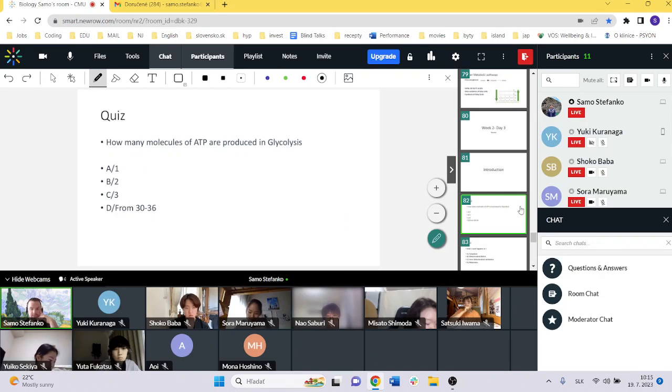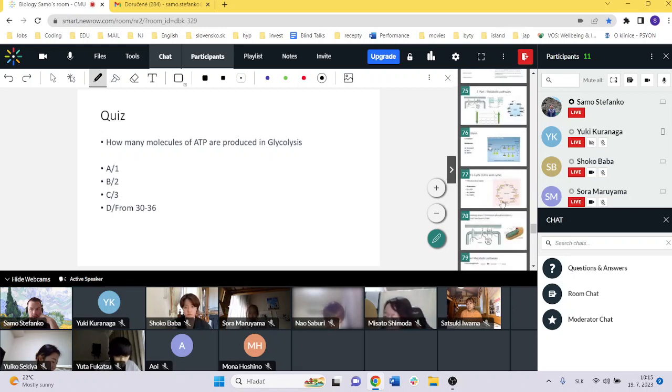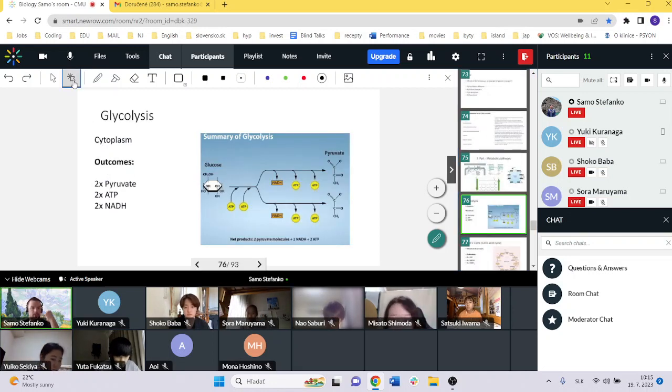Let me show you the slide of glycolysis. Here we have the slide. So, first of all, glycolysis is happening in the cytoplasm, as we know. And the outcomes are two molecules of pyruvate, two molecules of ATP, and two molecules of NADH. Nevertheless, if we watch the picture, we see that we have four molecules as an outcome, where the arrows are going from. So why do we count only two molecules of ATP?